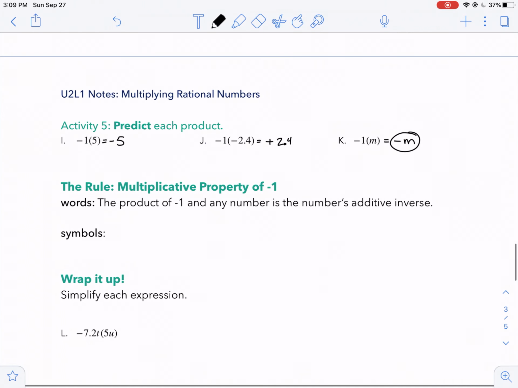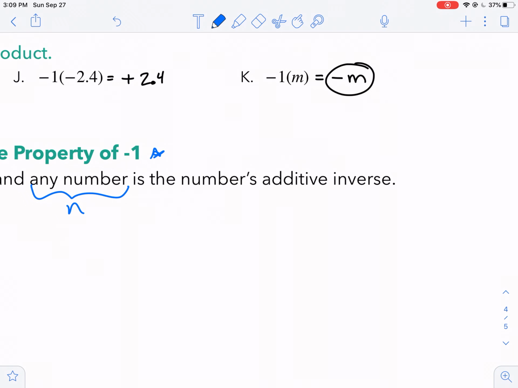And you guys, we just put into practice something you didn't even know about, and that's called the multiplication property of -1. And what this says is that the product of -1 and any number, we'll just say n, is that number's additive inverse, which means adding it to equal 0. So if you have some number n and you add -n to it, that gives you 0.